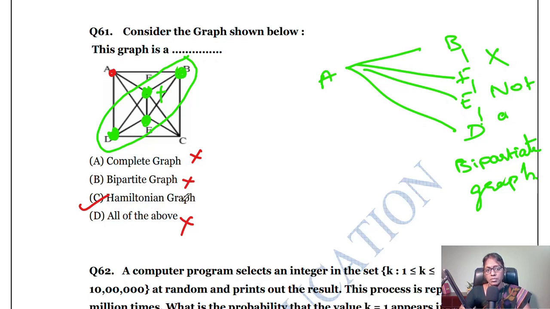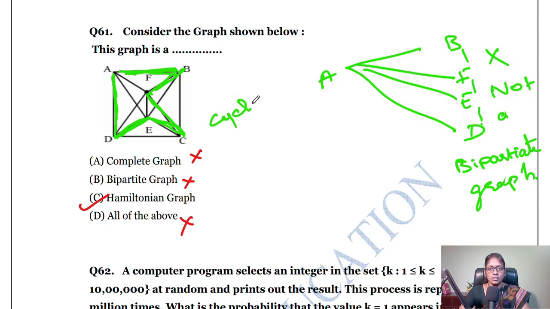So Hamiltonian graph, what is a Hamiltonian graph? If there is any cycle formed within the graph. So if there is a cycle, there is a path, yes. So from A to D, I can traverse all the vertices. So there is a cycle where we can traverse all the vertices without repeating the edges or vertices.